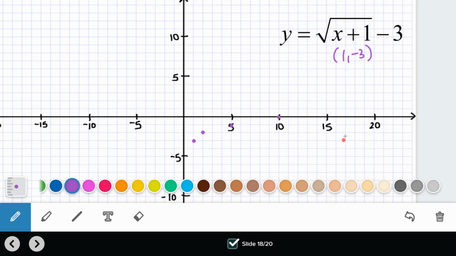Square root of 16 is 4. So I'm always going from here out, whatever square root of 1, square root of 4, square root of 9, square root of 16 is 4. And there's my graph.